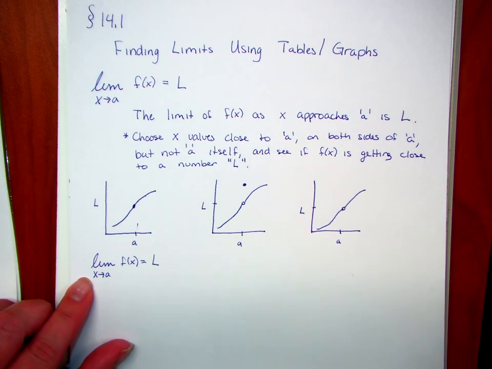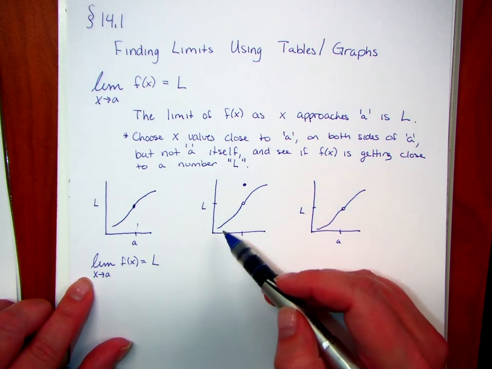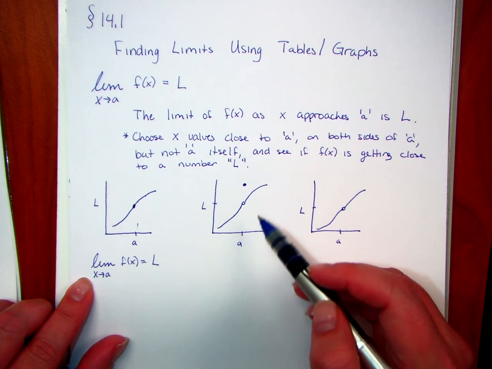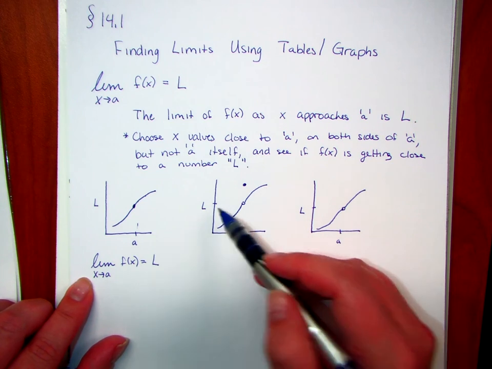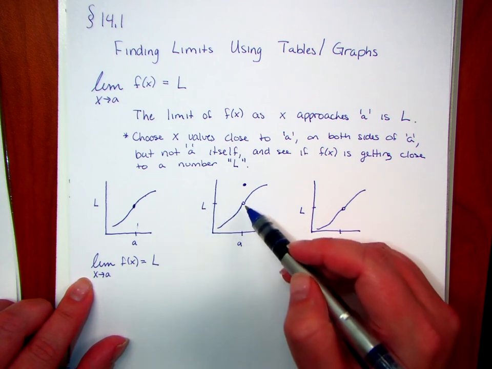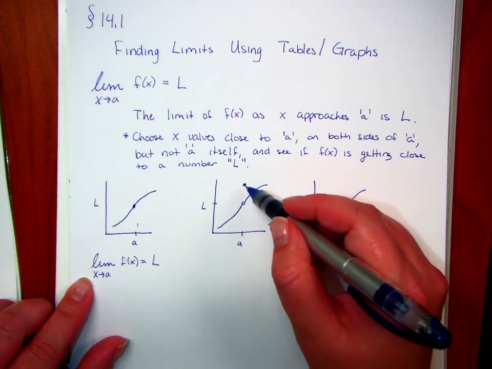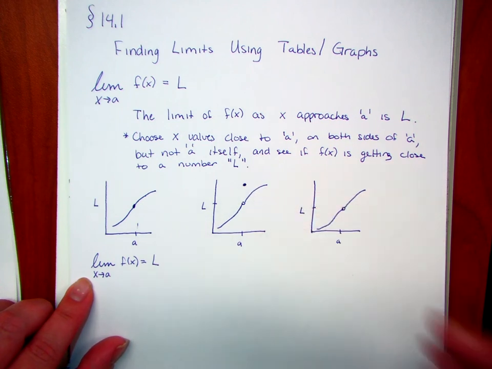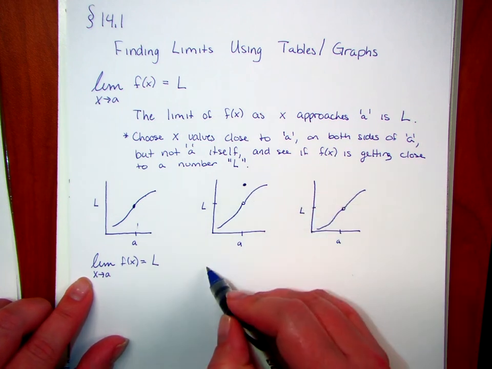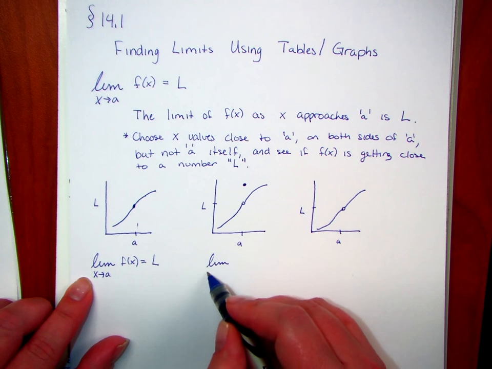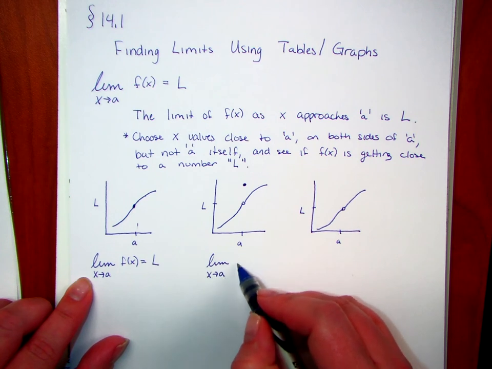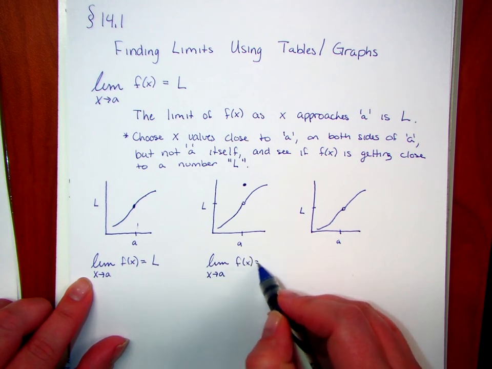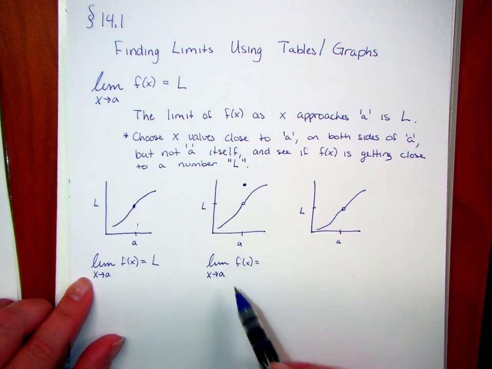On the next example, you'll notice we have the same increasing function. We have the a value here and the L value here, but this function has a hole in it. At that hole, they've removed this point and plotted it somewhere else. When we look at the limit as x approaches a of this function, remember we're going to choose x values near a, but not where it equals a.